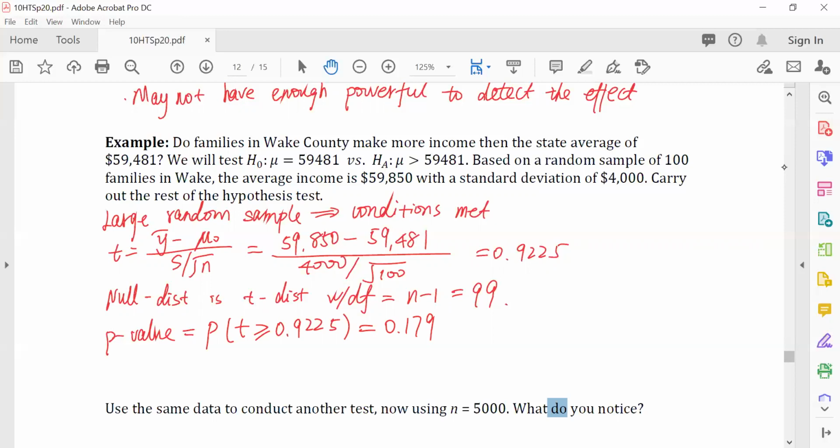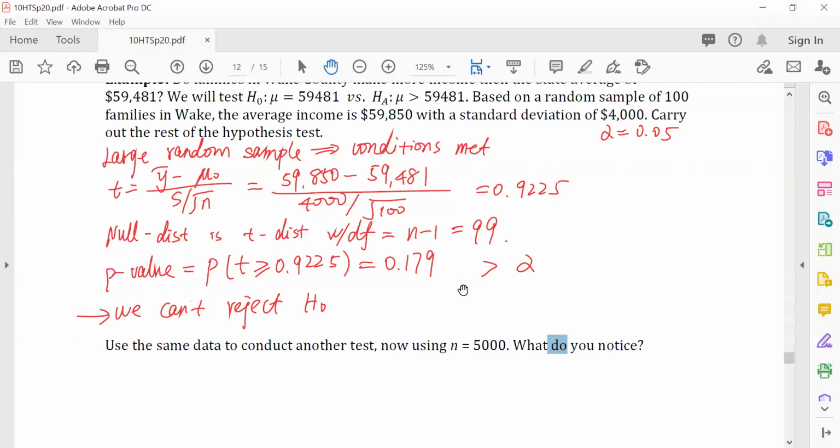Most of the time, if alpha is not given, we assume alpha is 0.05. So suppose alpha is 0.05, our p-value is greater than alpha, so we can't reject H-naught.